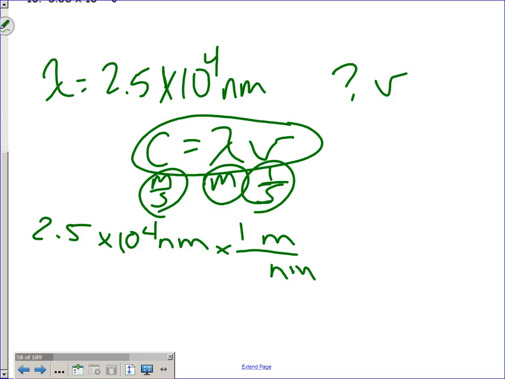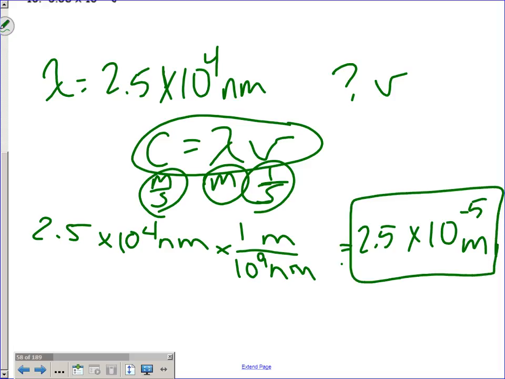There's one huge meter with a billion nanometers in it. That's going to allow us to convert to meters, which we then could plug into the equation. So I think I'm just going to stop here. That's okay. So that's 2.5 times 10 to the negative 5th meters. And that's the lambda. That's the wavelength you would truly plug in here.